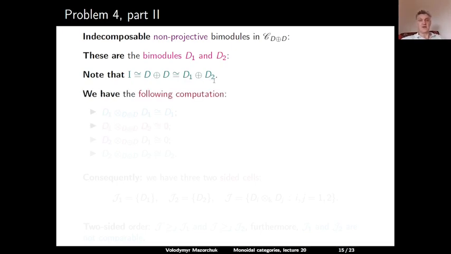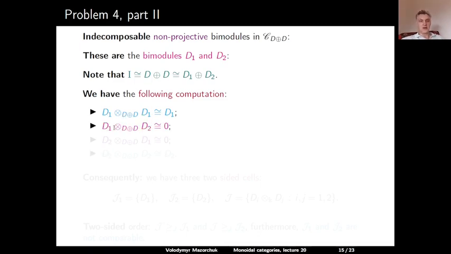Note that we have the following relations. If we tensor over our algebra D plus D, D1 with D1, we will get D1, because D2 kills everything, it will disappear, and we will get the tensor product of D1 with D1 over D1.